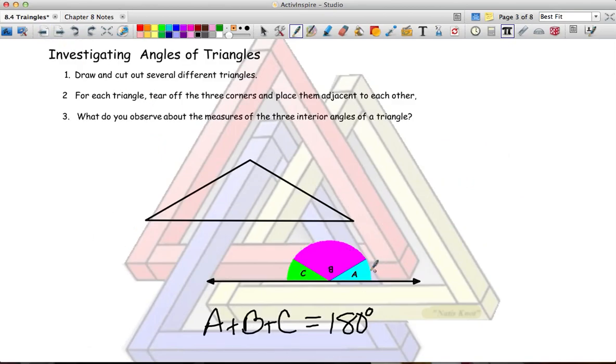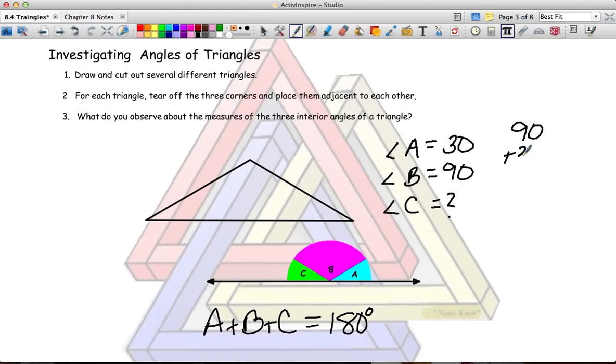And this tells me that if I know angles A and B, I can use them to find C. So if angle A equals 30 degrees and angle B equals 90 degrees, and I don't know the measure of angle C, I can take 90 plus 30, which gives me 120.